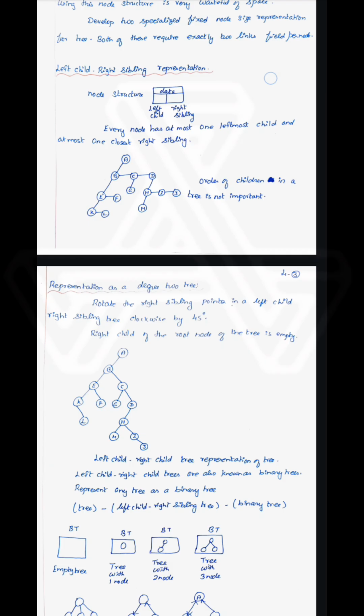So A, B, C, D: siblings are B, C, and D. Then B has a leftmost child E, then F. C, G, and down. And for H, there's a right sibling that is I, J.